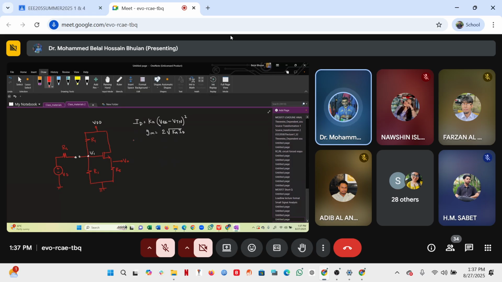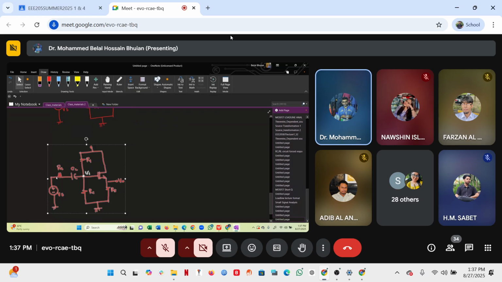So draw the AC equivalent circuit. Okay, let me draw it again. What are the steps?